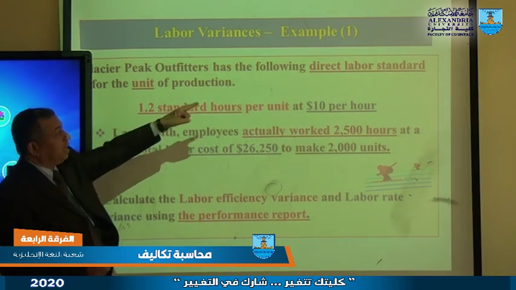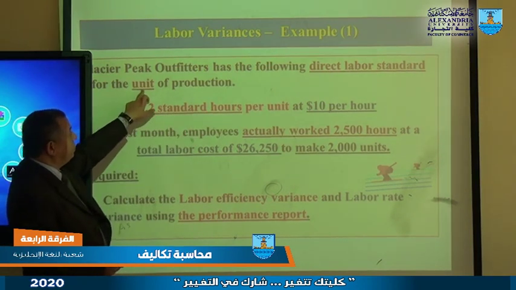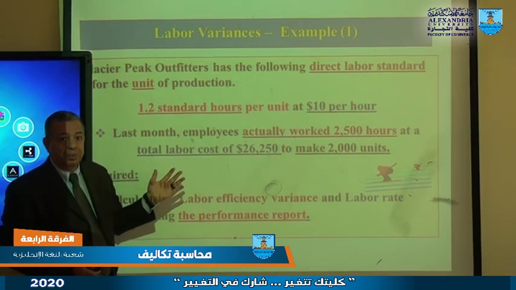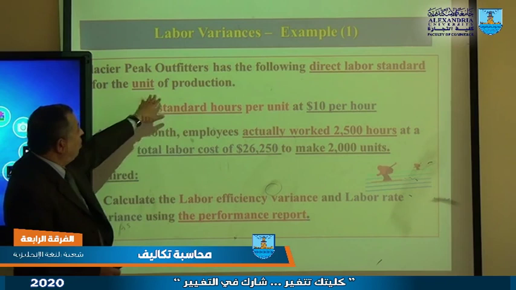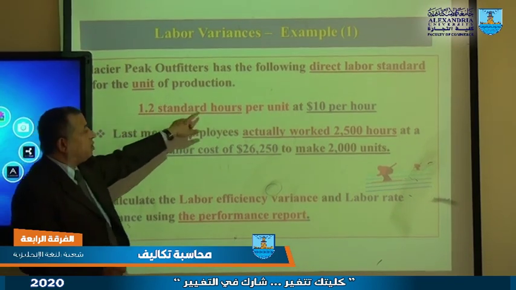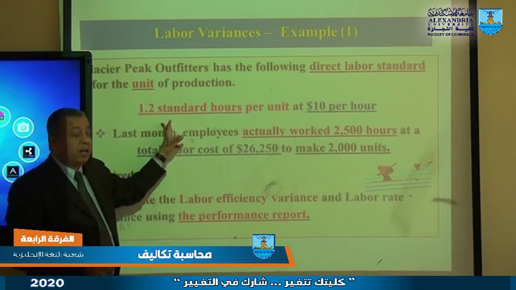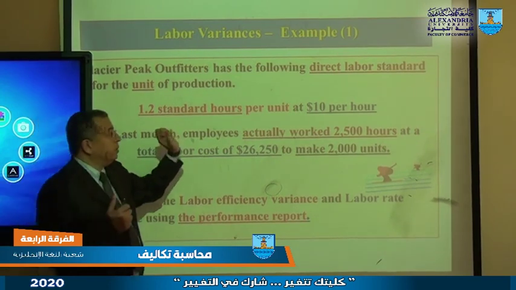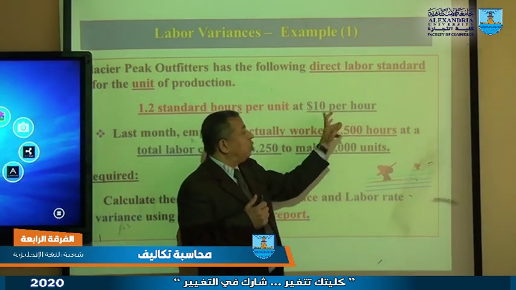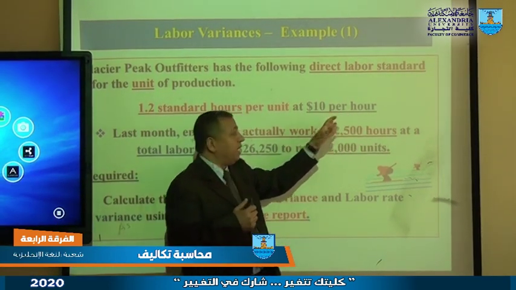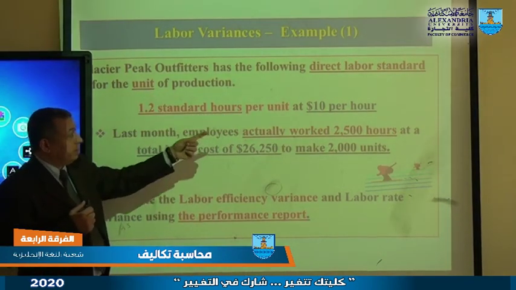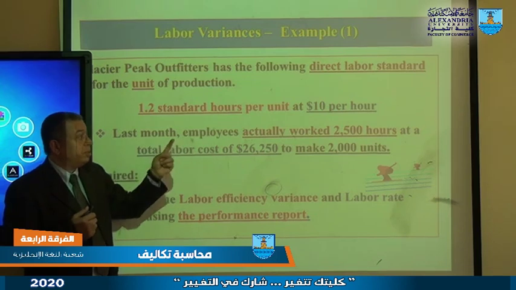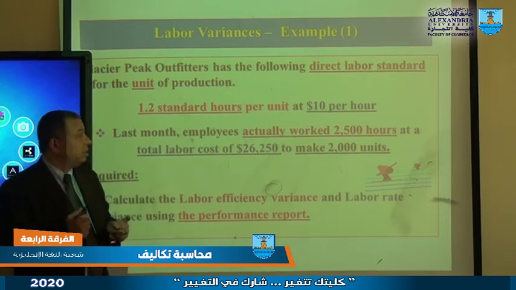If you remember, the direct labor standard is per unit. It is not new, because I set the standard per unit of production. Here 1.2 standard hours per unit, at $10 per hour. Here I have standard hours per unit and standard rate per hour.